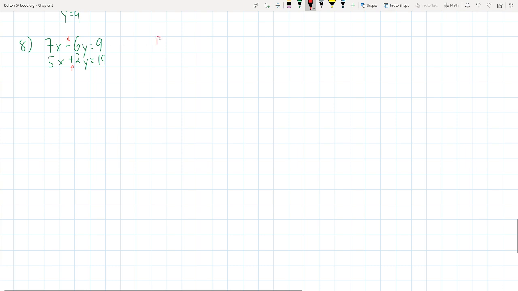So off to the side, I'm going to say, all right, eliminate the y's. I have a 2 and I have a -6. How do I make it so that these cancel out? I need to multiply this by 3. This I don't multiply by anything. You can write that times 1 there if that helps you a little bit. So I'm going to multiply this whole bottom by 3.